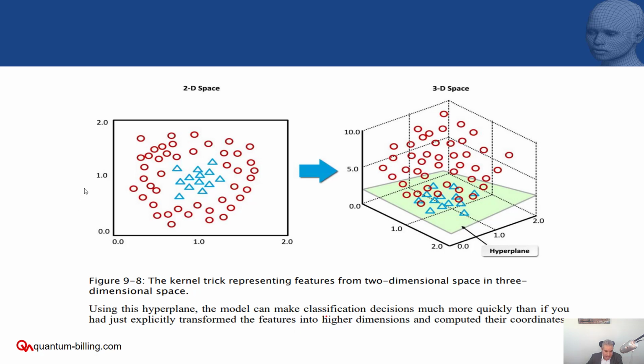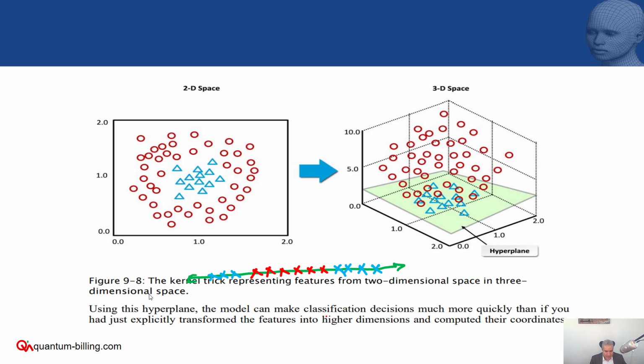If I have that line, and my red points are like that, and the other class is like that, as you can see, you can't separate those points with a line.